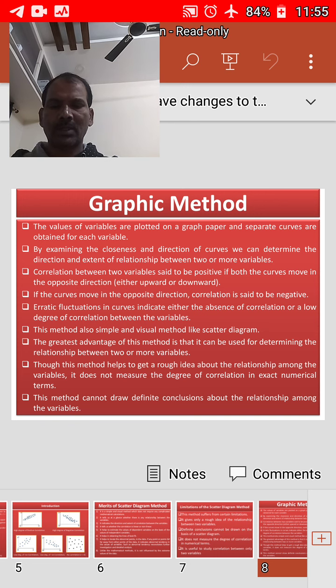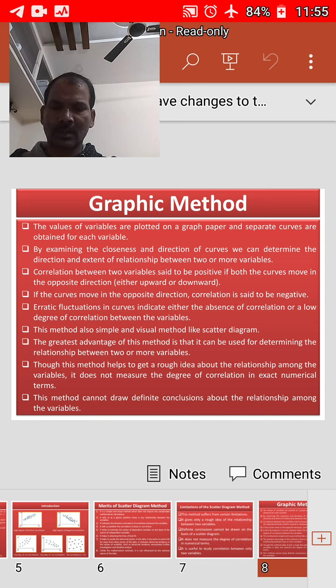The greatest advantage of this method is that it can be used for determining the relationship between two or more variables, whereas in a scatter diagram we can only study the correlation between two variables, and in the case of the graphic method we can study more than two variables also, right? Though this method helps to get a rough idea about the relationship among the variables, it does not measure the degree of correlation in exact numerical terms.